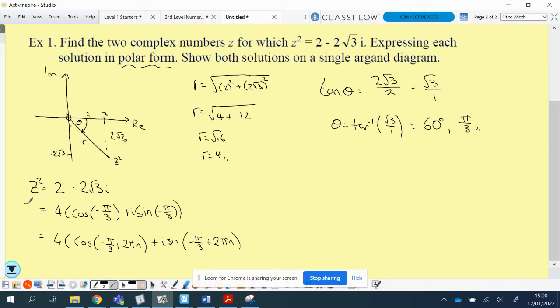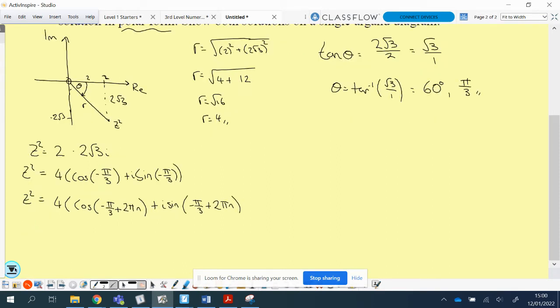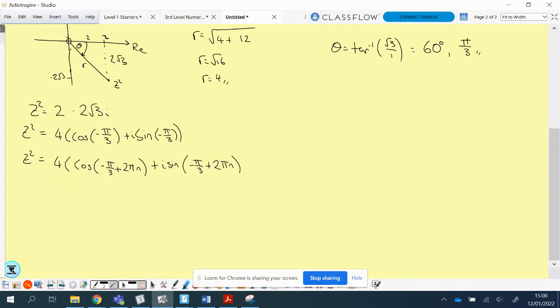But our job's to find out what z was. What were the two complex numbers that, if we square them, give us z squared? So we want to find what z is. What we're going to do here is use De Moivre's theorem, but in reverse.